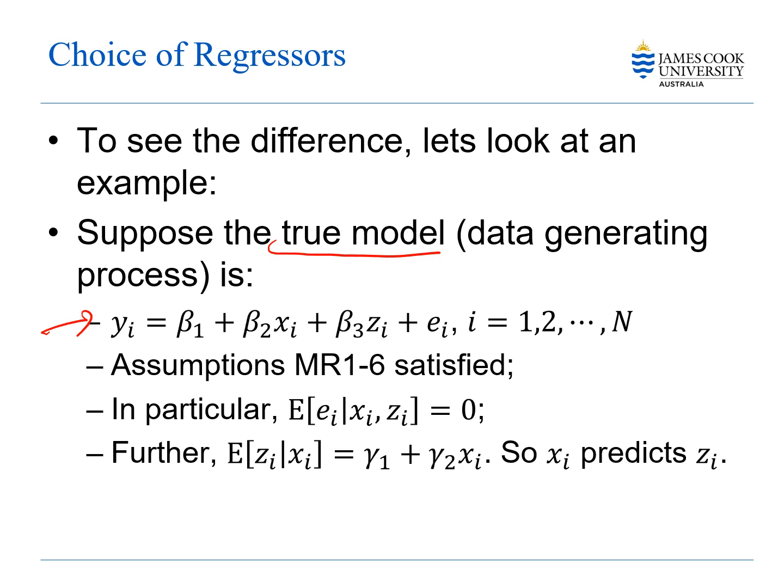And particularly, e is strictly exogenous. Further, let's assume that x and z are correlated, so x can predict z. So the conditional mean of z conditional on x is equal to gamma 1 plus gamma 2 xi. So we can use x to predict z. So x and z are correlated.